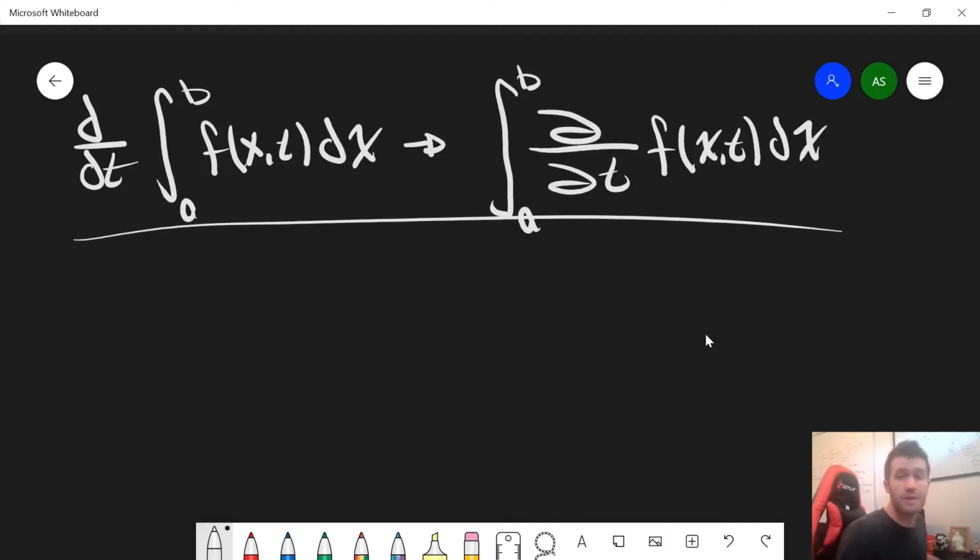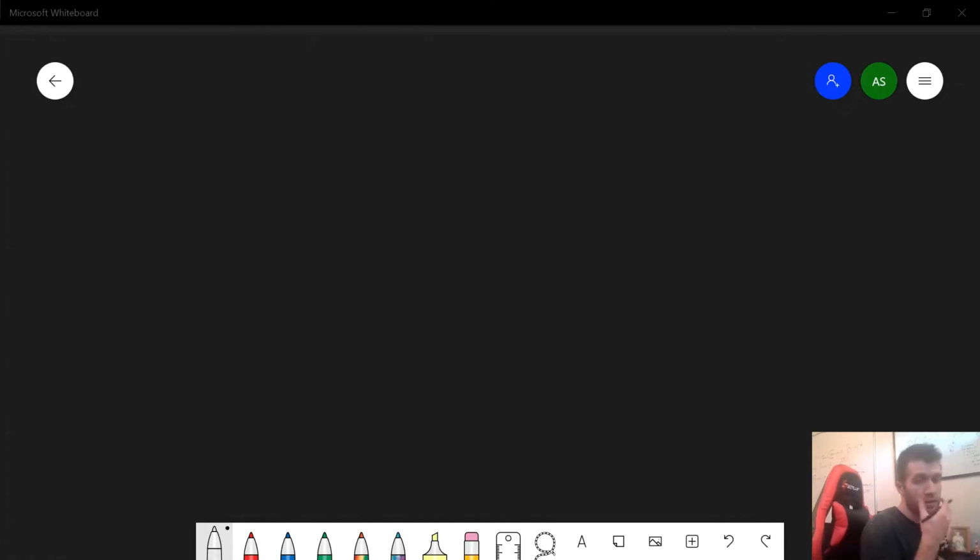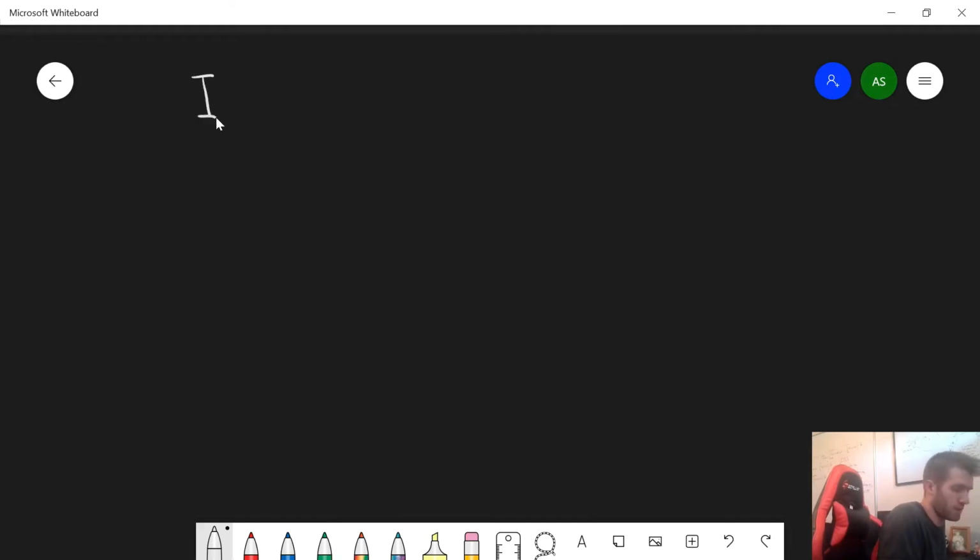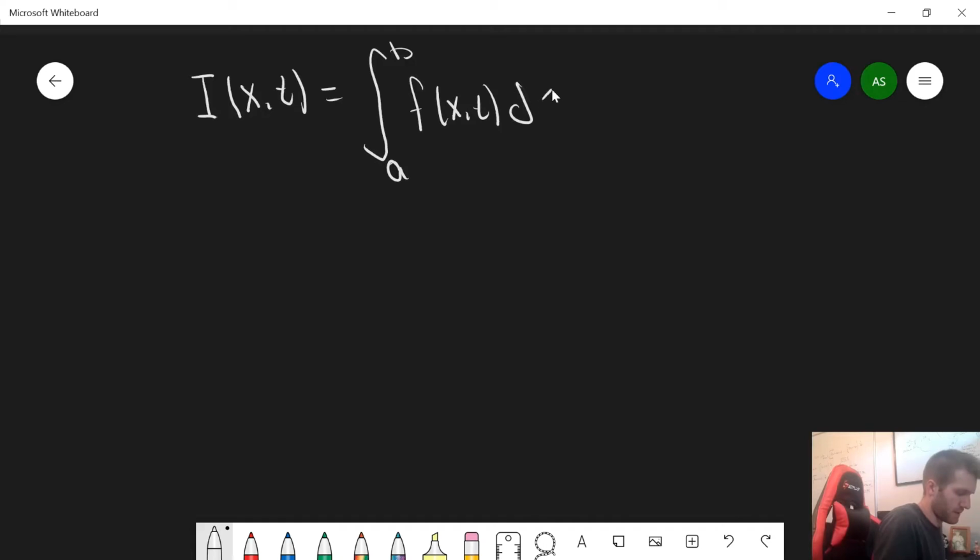Now what we want to do is prove that. So what we first want to do is set some function equal to our arbitrary function that we're going to be integrating. So we're going to have some I value, we'll call it, of x and t, and that is going to be equal to our integral from a to b of our arbitrary function of x and t with respect to x.